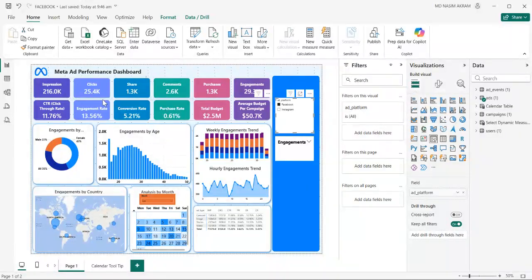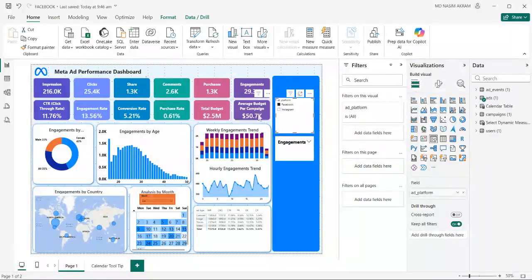And these are the important KPIs that we are monitoring for the campaigns, and they decide whether the campaign is good or not. So the share, clicks, engagement rate, and the conversion rate is around 5.21%.